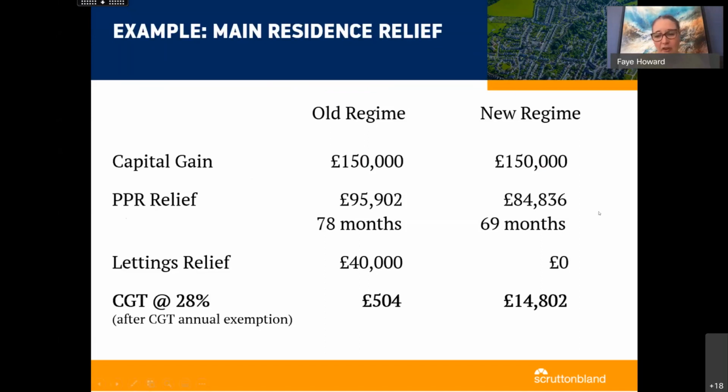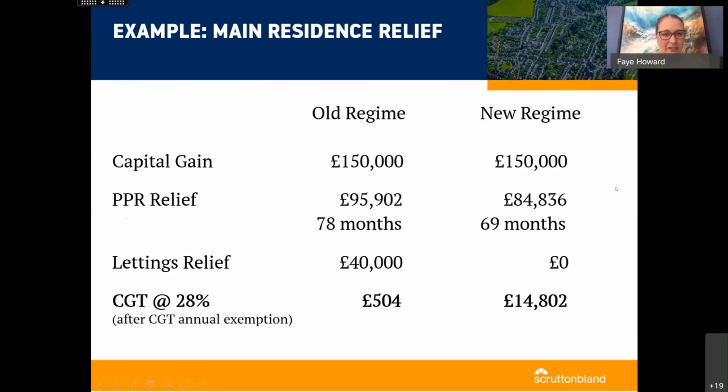And you can see the knock-on effect that has on the capital gains tax liability, where under the old regime, that disposal would have resulted in a capital gains tax bill of £504. The new regime has increased that significantly to £14,802.